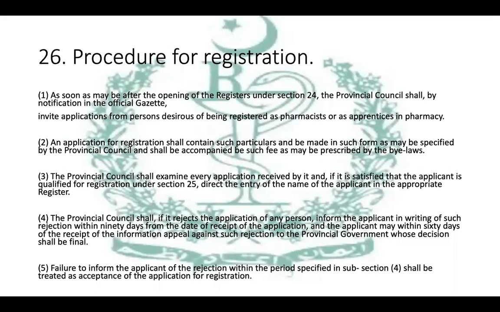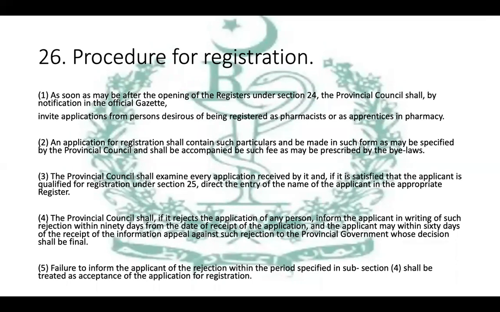But if they do not send you any rejection, it means you are registered under section 26(4). Failure to inform the applicant of rejection within the period specified, meaning 90 days, shall be treated as acceptance of the application for registration. Here are two things.